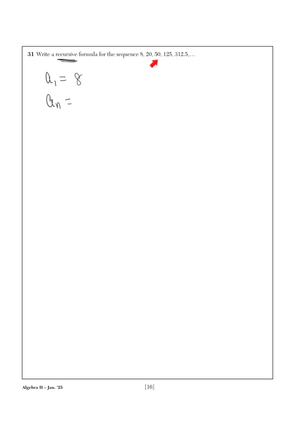This is definitely geometric, which means we're multiplying 8 by something to get to 20, and then we're multiplying 20 by that same thing to get to 50. That's what we call our r. The easiest way to find r is to take your second term, which is 20, and divide it by your first term, which is 8. That ends up being 2.5. That easy.